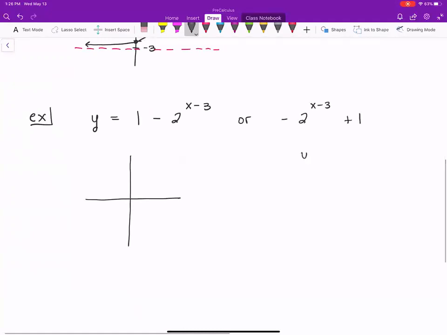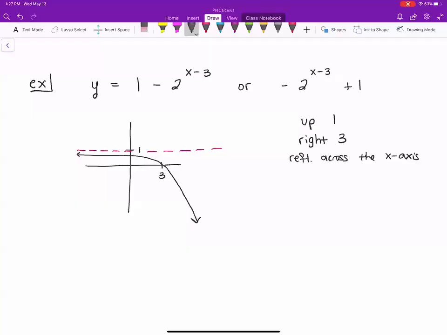So we're going to move up 1 unit, move to the right 3 units, and then do a reflection across the x-axis. I'm going to pause this so you can graph it. Okay, so there you go. There's your graph: up 1, right 3, reflect across the x-axis.